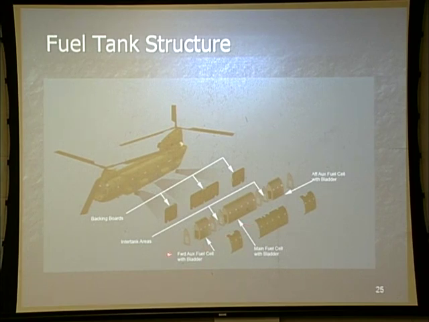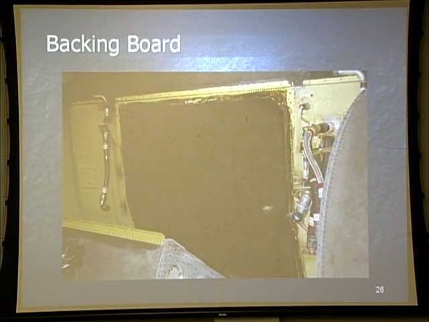We have our tanks, our inner tanks, which is nothing more than a bladder system. And then we have our shells. That's what the system's going to consist of, and it's going to look like this. There's your backing board, and again, all it does is protect and prevent chafing. And it reduces the risk of anything cutting or slicing open those bladders.